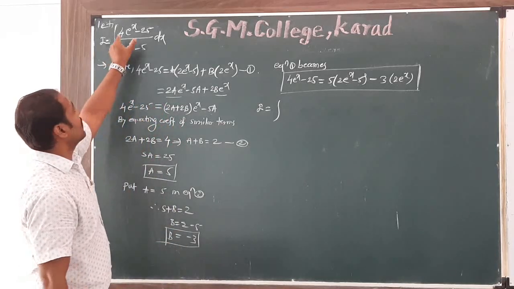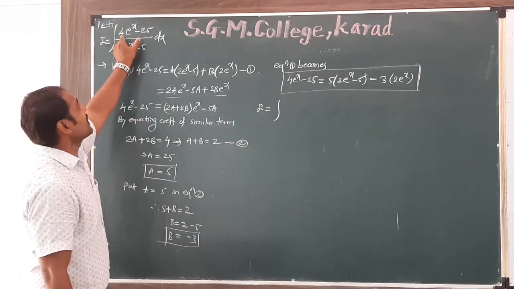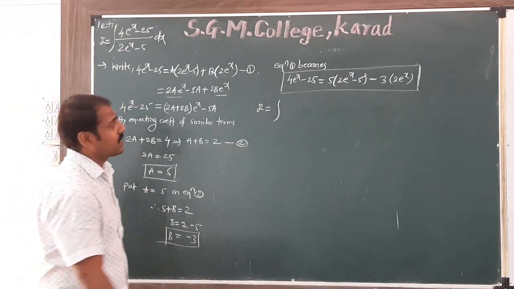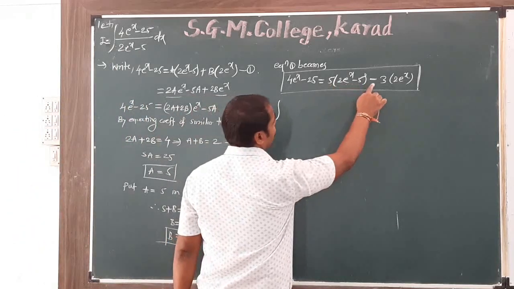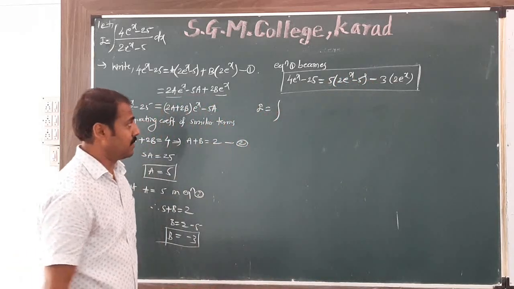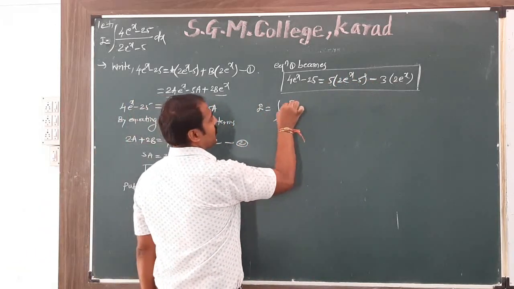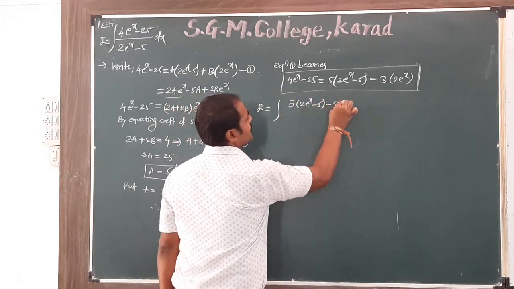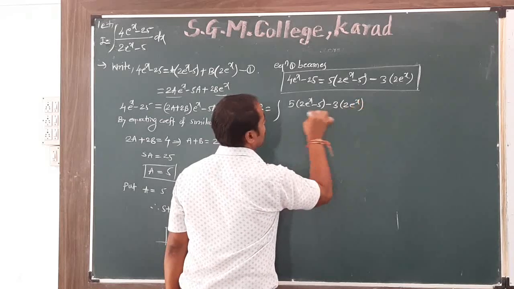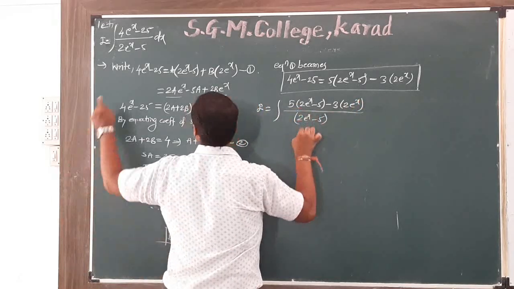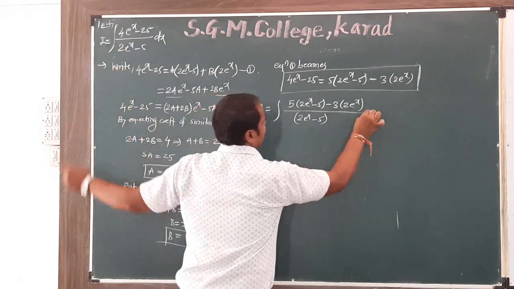Replace the numerator, that is 4 e raised to x minus 25, in the given integration as a into denominator plus b into derivative of denominator by putting the values of a and b. So it becomes 5 into (2 e raised to x minus 5) minus 3 into 2 e raised to x, divided by 2 e raised to x minus 5 as it is, dx.